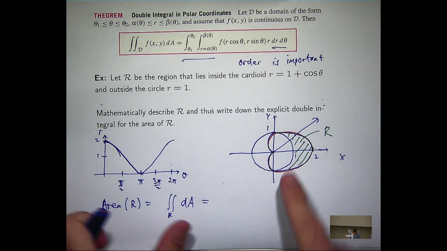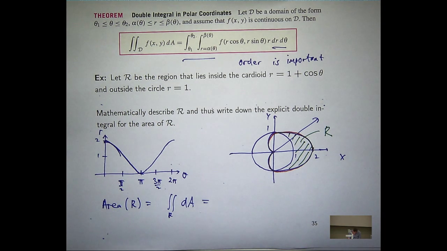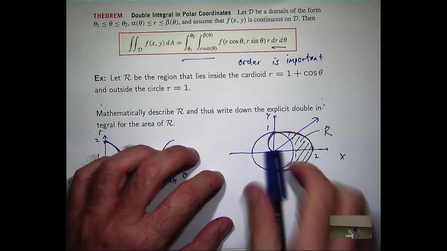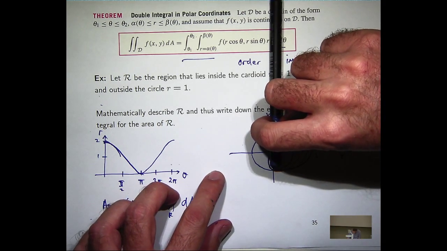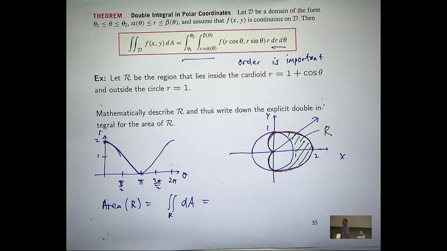What about theta? What do you think the bounds on theta will be for sweeping out my region R? Anyone? Well, I start down here and I rotate this way and up to here. So theta would be between minus pi on 2 and positive pi on 2.